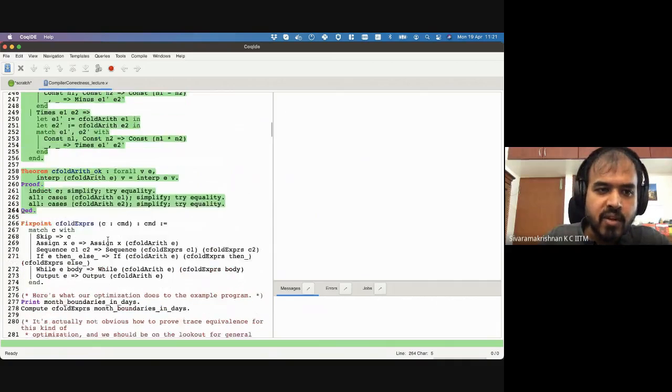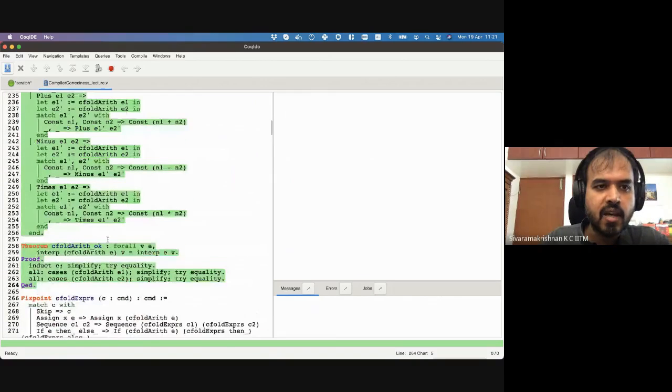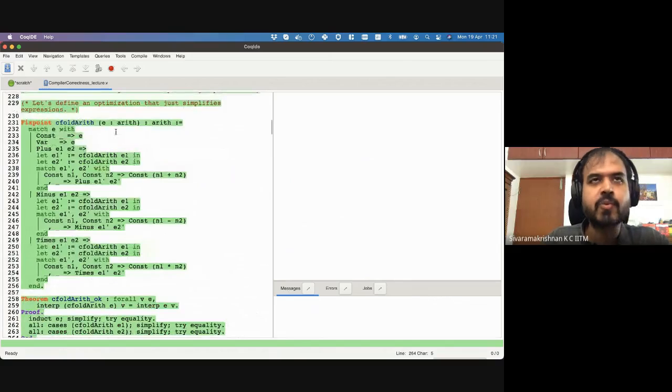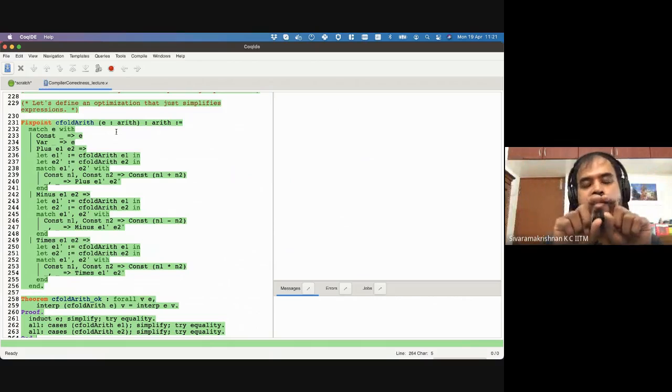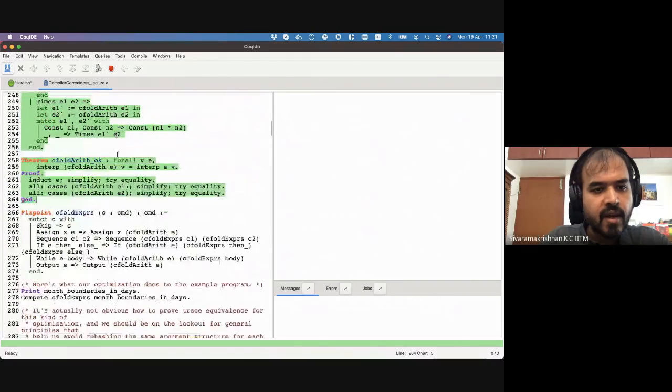So we know what is the meaning of constant folding on arithmetic expressions. Now we have to lift the constant folding to our command language. Recall that our language has an expression language and a command language with sequencing, while, and if, and so on. So how do you constant fold on commands? Very simple. Wherever you find arithmetic expressions, you constant fold them.